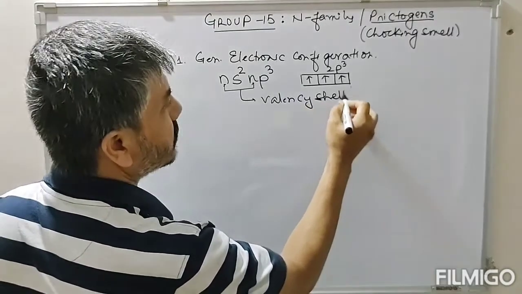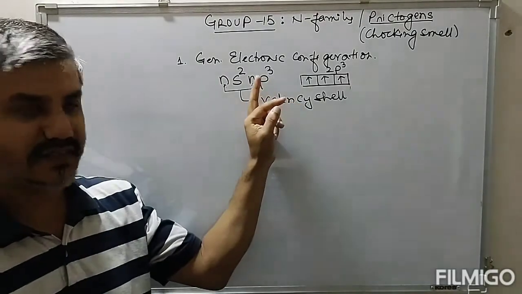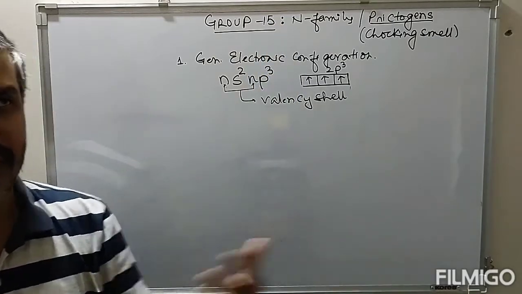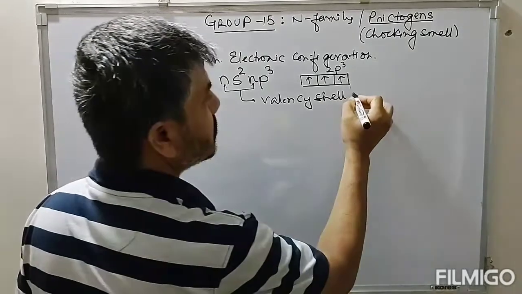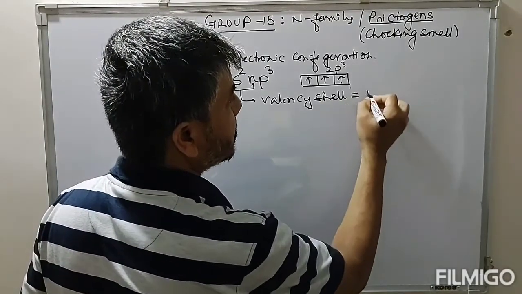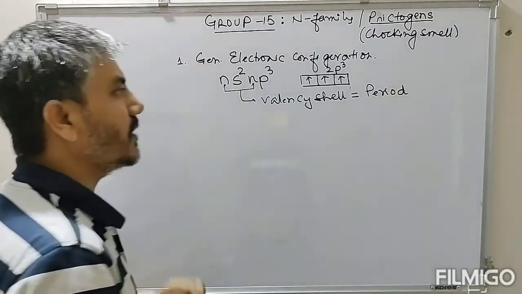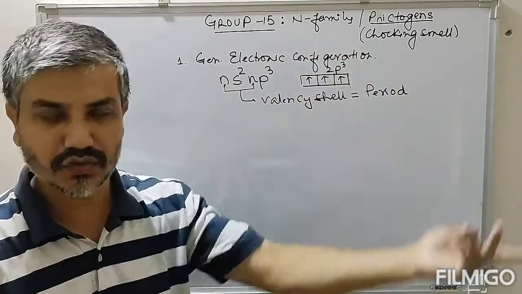Now since the electron is entering in the p orbital of the valence shell, this group 15 belongs to the p block. And this valence shell also represents the period number. So the highest occupied shell number represents the period number of that particular element.